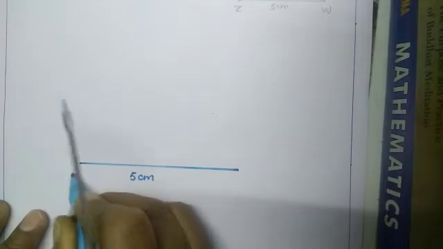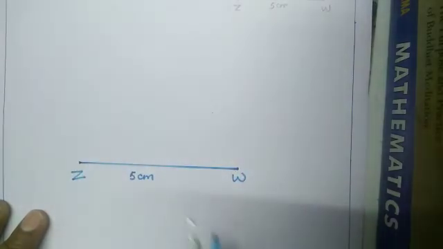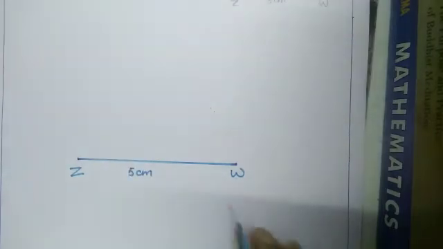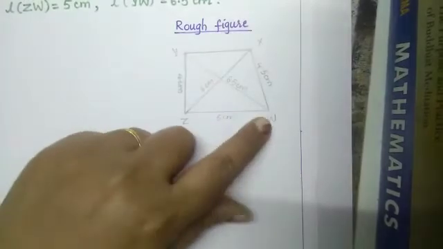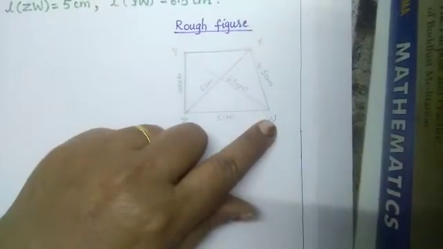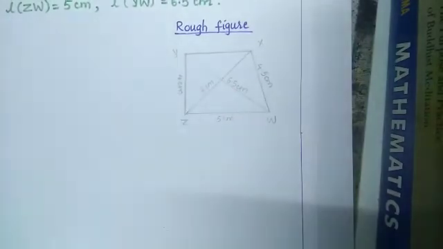You have to take the accurate measurement, children, okay. This will be 5 centimeter and it is ZW. Okay, now the next part is what? From Y to W you will take one arc first. Means WY is what? 6.5 centimeter.